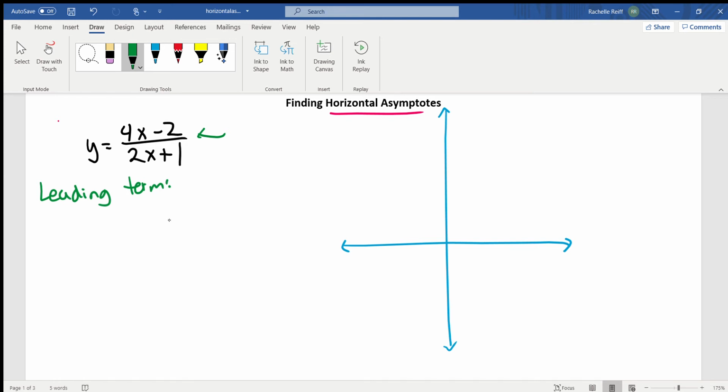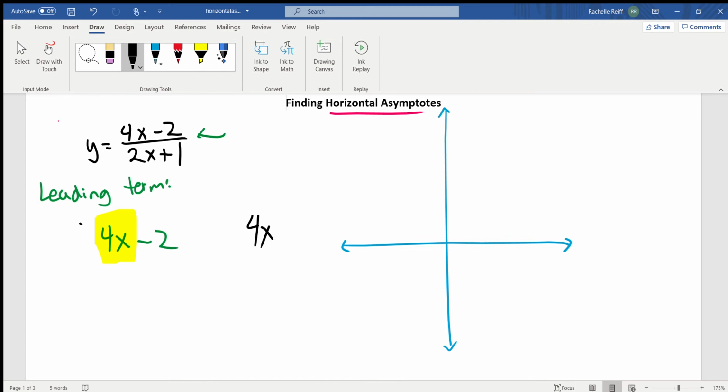So let's just look at the top, the numerator. If I have 4x minus 2, the leading term is just going to be this, right? It's the thing with the highest exponent. And since there's no other x, that is our leading term of the numerator. So I'm going to put 4x right there.